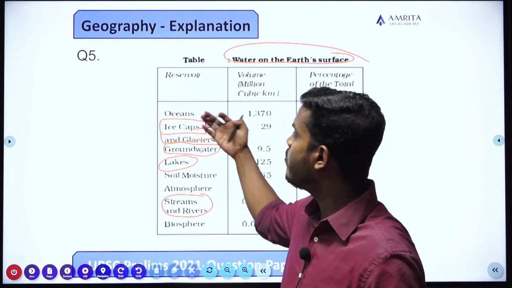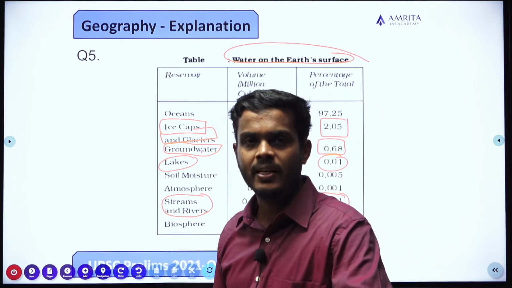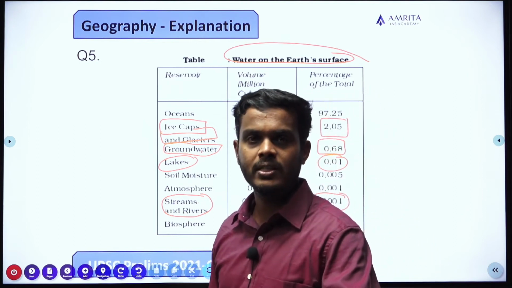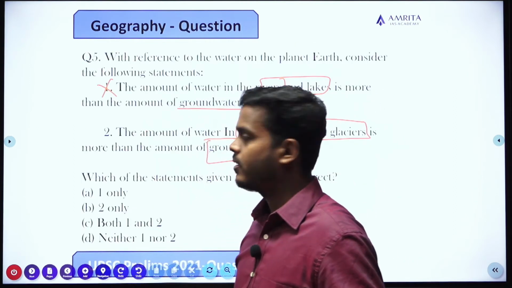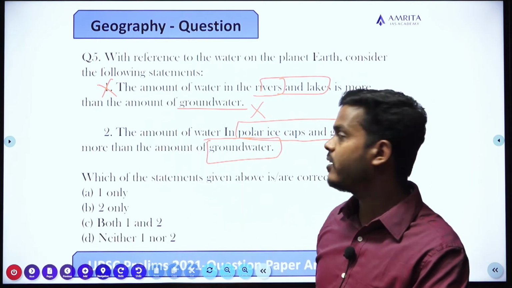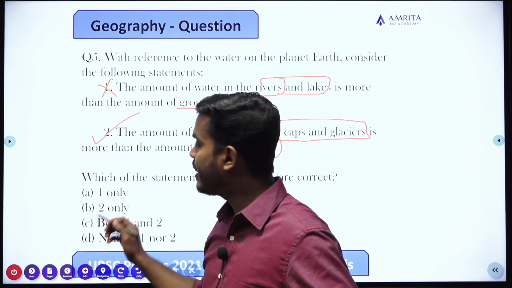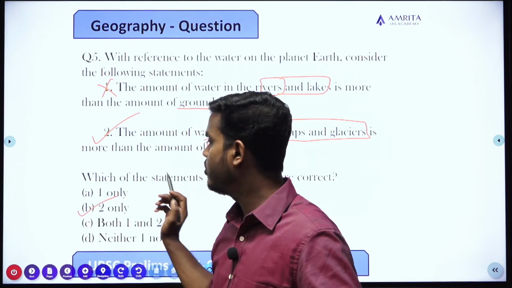So the amount of water in polar ice caps and glaciers is higher than the amount of groundwater on the surface of Earth. This is the same statement given here. So statement 2 is right. So the answer is B, 2 only.